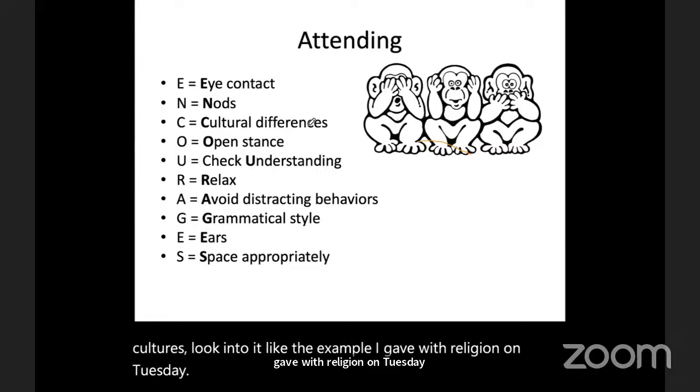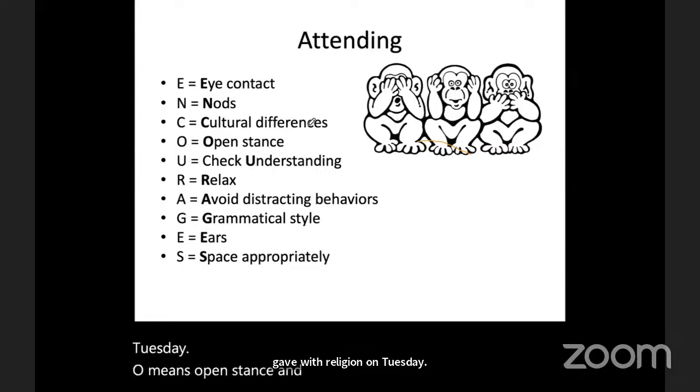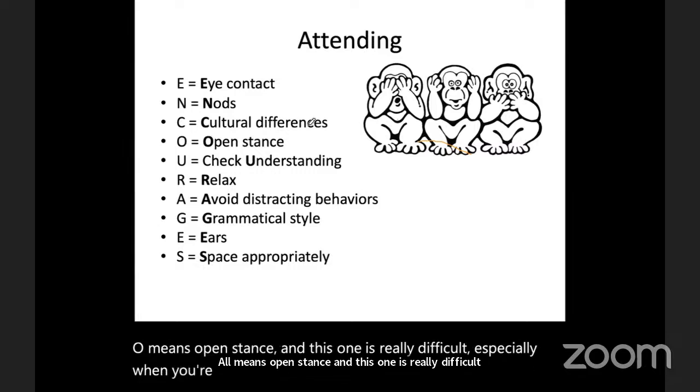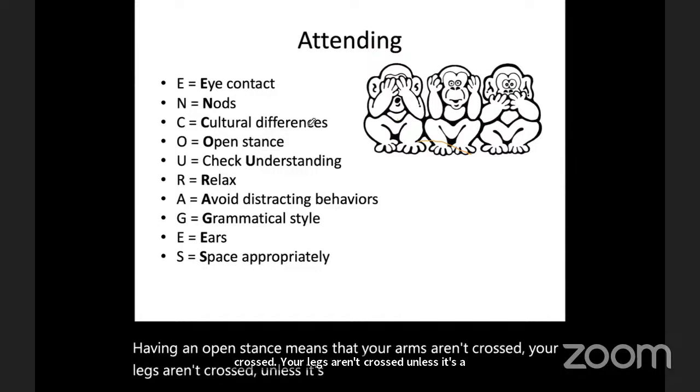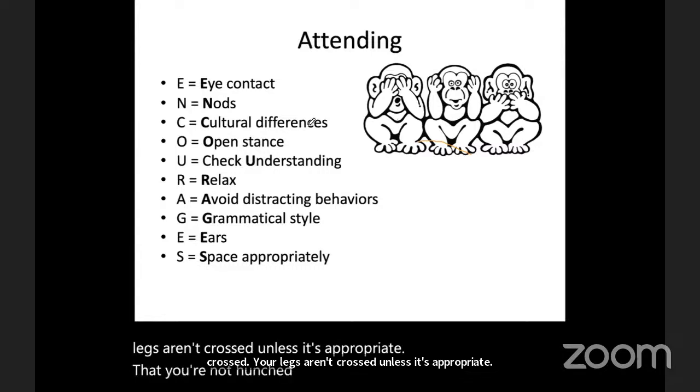O means open stance, and this one is really difficult, especially when you're working with individuals that might be triggering to you. Having an open stance means that your arms aren't crossed, your legs aren't crossed unless it's appropriate, that you're not hunched over, that you don't have your elbows on your desk.